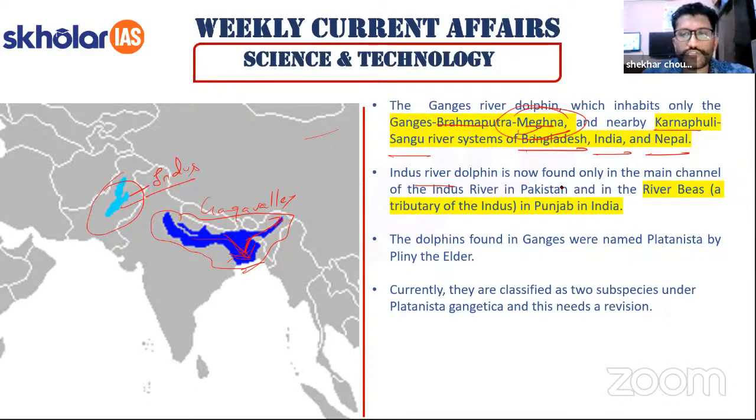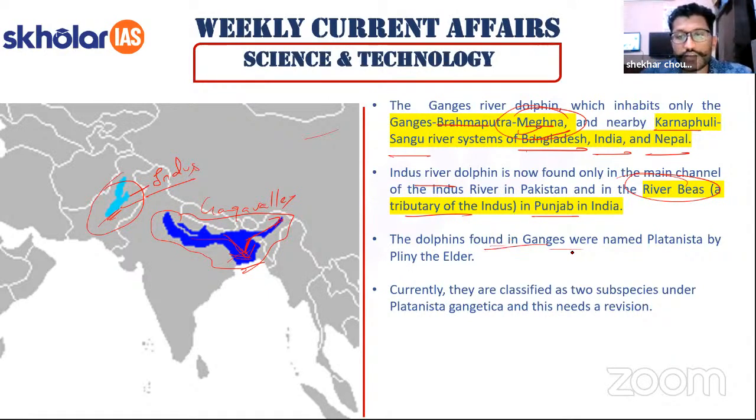The Indus river dolphin is found only in the main channel of the Indus river in Pakistan, and in the river Beas, which is a tributary of the Indus river in India. Prior to joining the Indus river, many of its tributaries join in Punjab of India, and then it proceeds towards Pakistan.